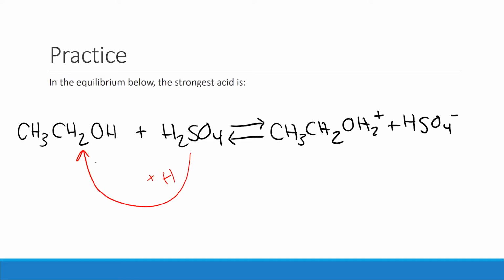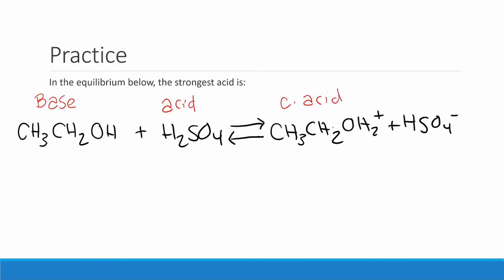And we know that the item that donates a proton is our acid, and the acceptor is the base, which means this over here is our conjugate acid, the opposite of the base.